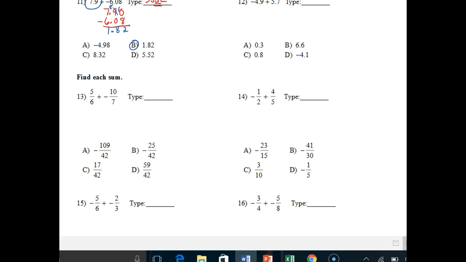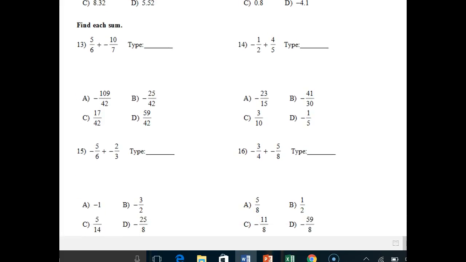All right, so find each sum. Again, you're going to tell me the type. Find common denominators. Write that down. And then go ahead and either add or subtract. Sorry about my misspelling there. So 5/6 plus -10/7. I'm going to multiply this guy by 7 and this guy by 6. So I have 35 over 42 plus -60 over 42.